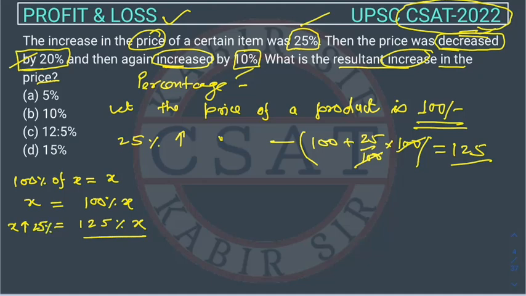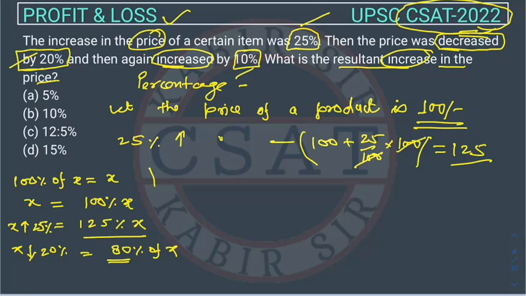If I am saying that there is a decrement of 20% in x, then it will become 80% of x. Why 80%? Because 100 is x, so we have to decrease 20 out of 100. So 100 minus 20, it will become 80% of x.